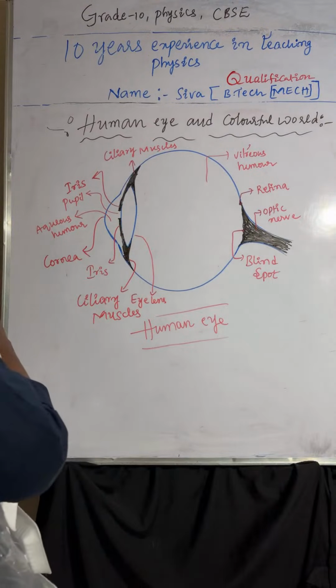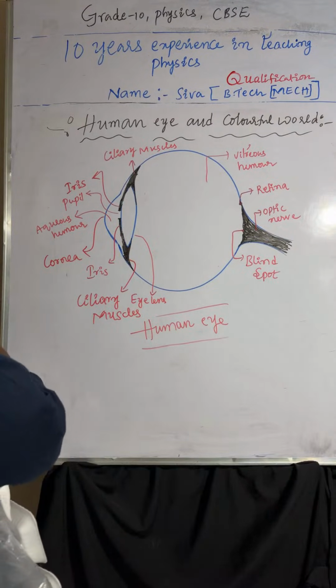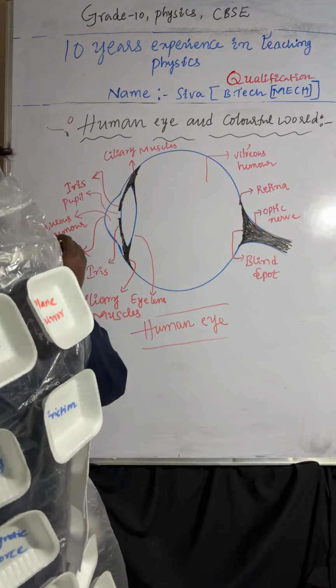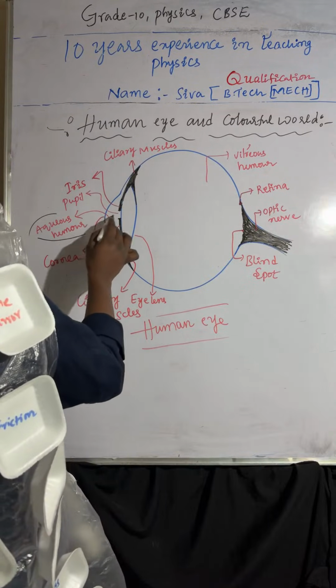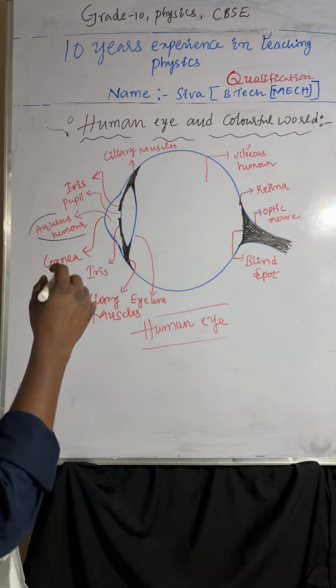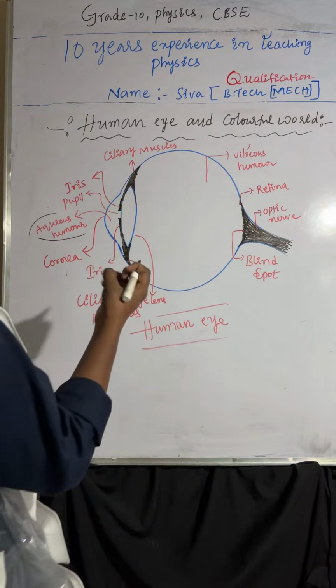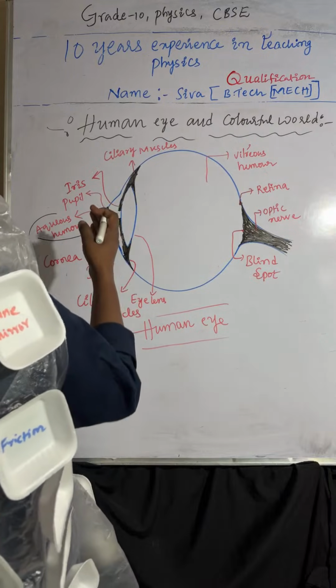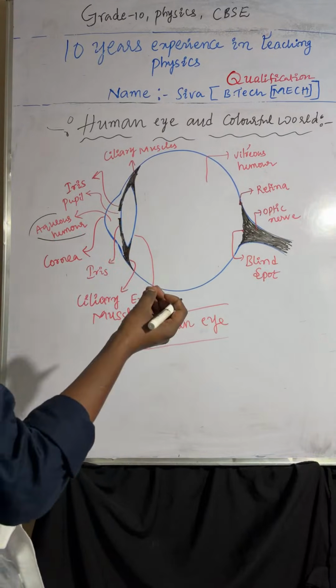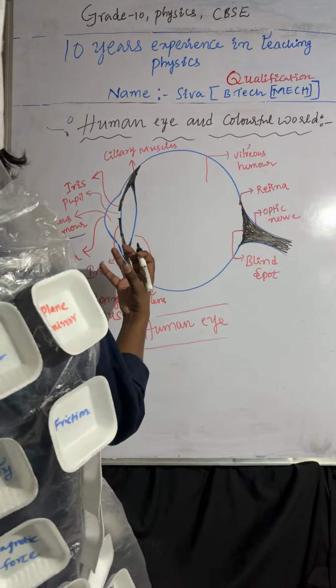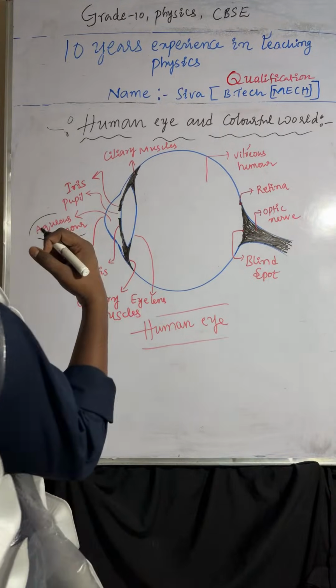Aqueous humor is a jelly type liquid present between the cornea and the iris. It provides nutrition to the central cornea.